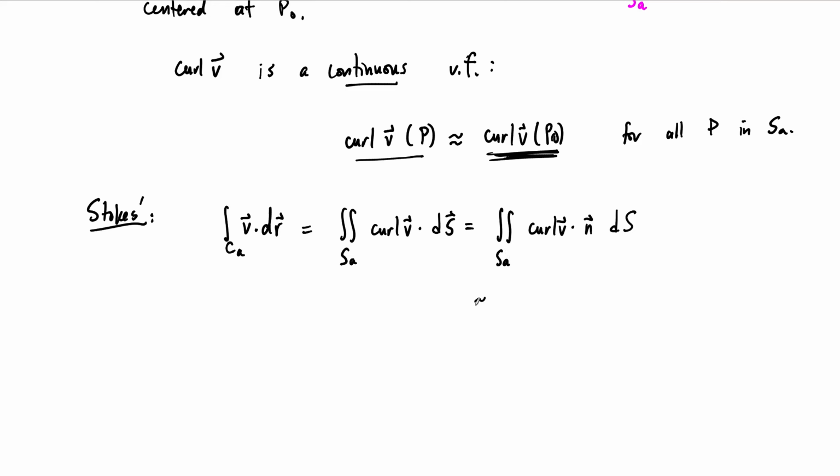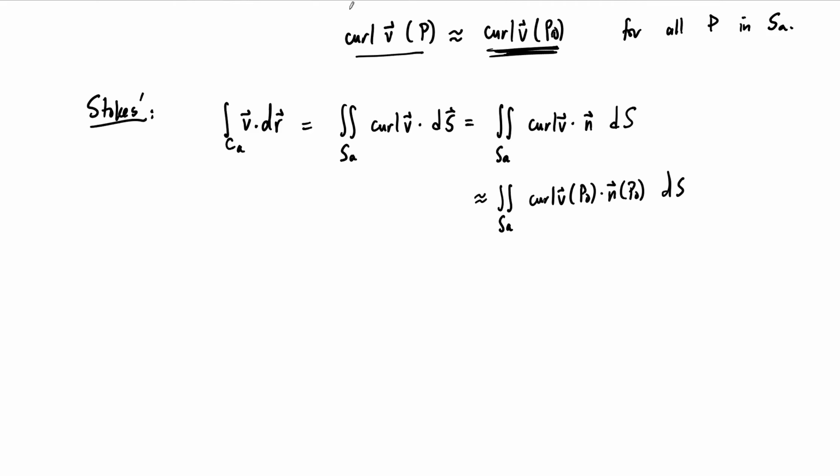And so we can say this is about the double integral over S sub A of the curl of v at the center point P naught dotted with the normal vector at P naught dS. At this point, this term is a constant, so I've replaced the integrand by a constant dot product, and this can be factored out. And so this is then equal to the curl of v at P naught dotted with the normal vector at P naught times the surface area of S sub A.